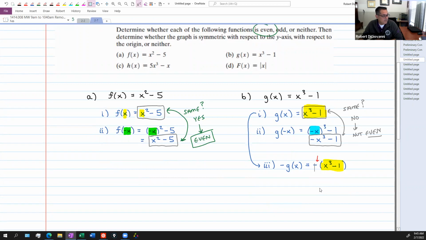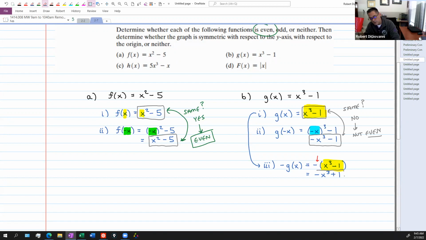Isabella, if I distribute that negative through, what am I going to get? If you take that negative and distribute it through the parentheses, what would you have? You'd still have a negative, but you would have a plus 1, right? So you still have negative x cubed, but now you have plus 1.